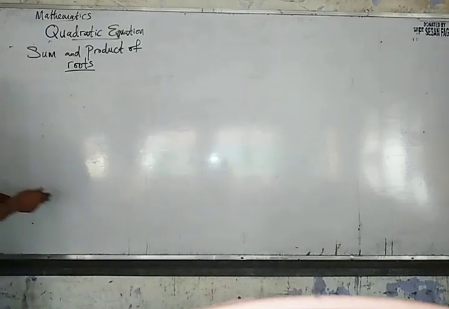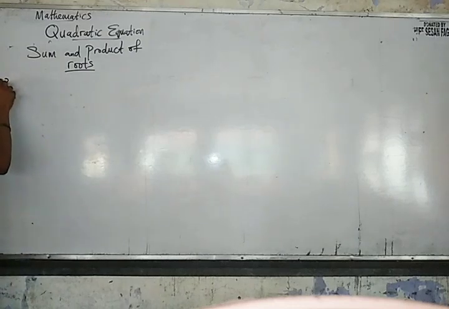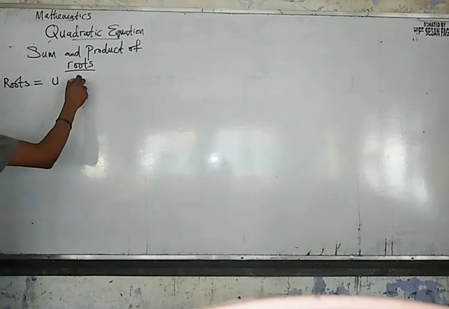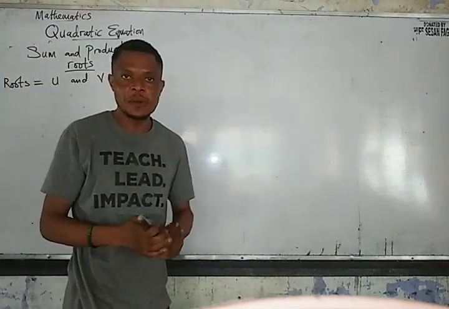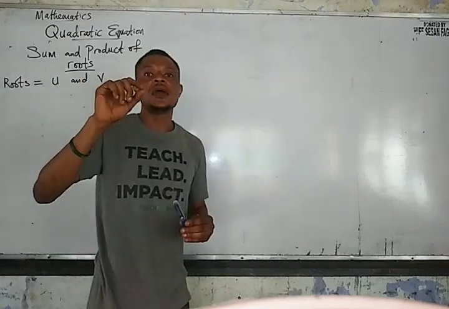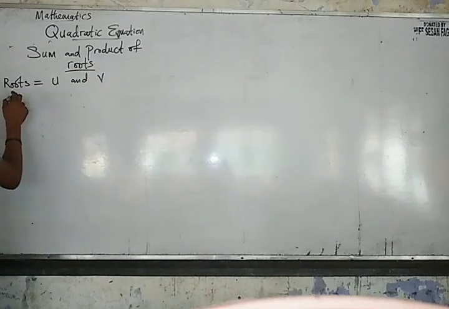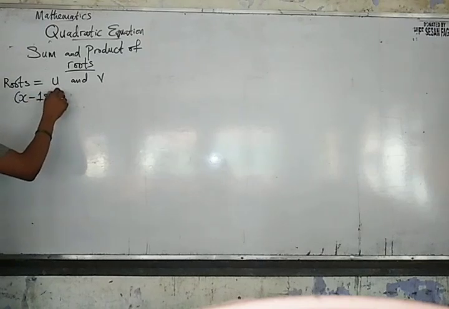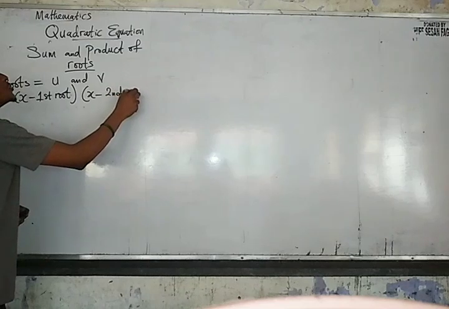Let's assume that the roots of the quadratic equation are u and v. Now to get the quadratic equation back, like we did in the previous class, the beginner's level of the quadratic equation, I told you that it's going to be x minus the first root, then x minus the second root.